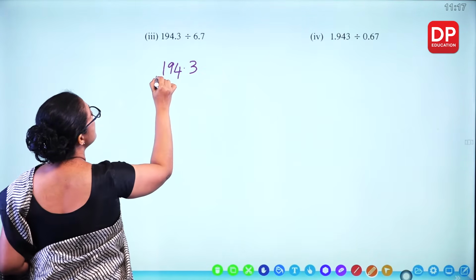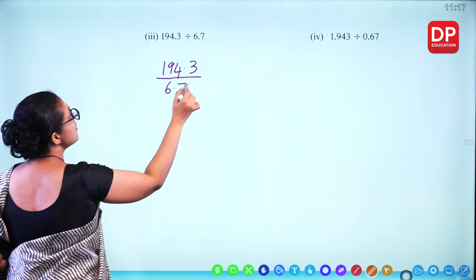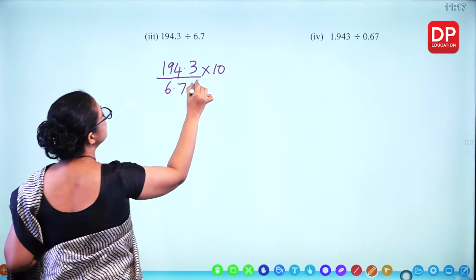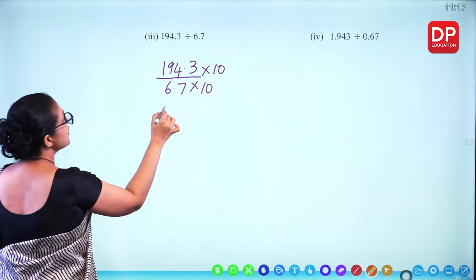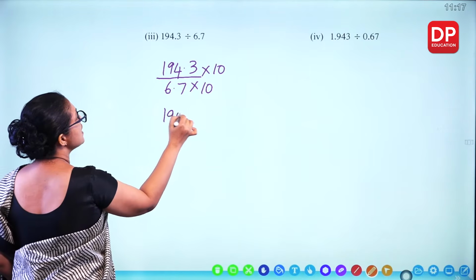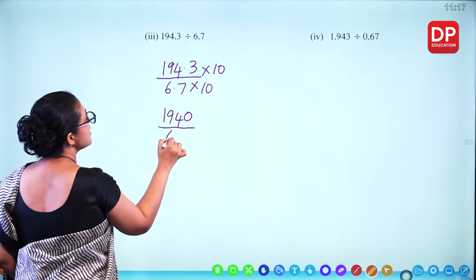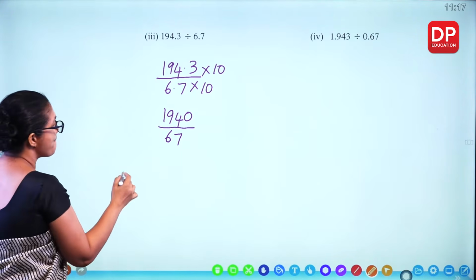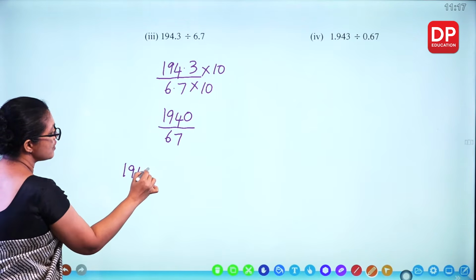194.3 divided by 6.7 multiplied by 10. 1940 divided by 67. We'll do long division.